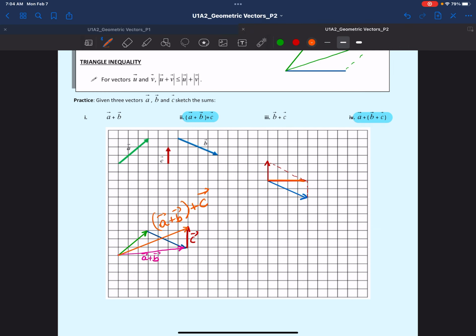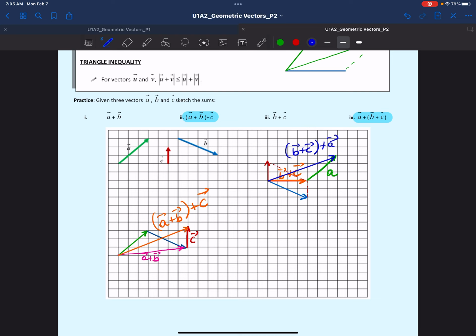So b plus c. Now on vector b plus c, I'm going to add vector a. Now vector a is this green vector. Let me drag it. And now I'm going to add vectors a and b plus c. I'm using the parallelogram rule here. And let's take a look at what we get. So this will be the vector b plus c plus a.